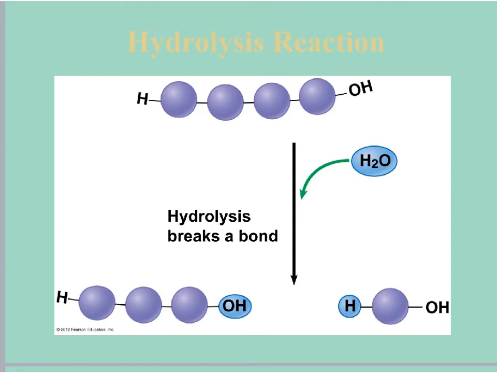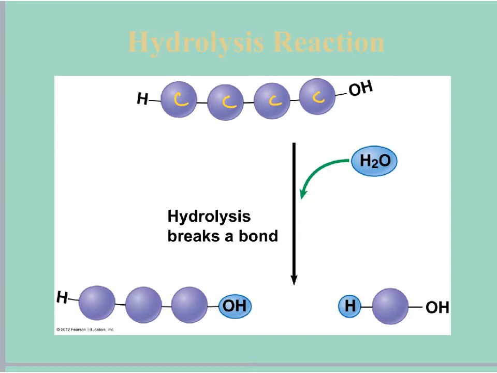Cells also break down large polymers into smaller components. So let's look at the polymer up on top. Remember, each one of these purple balls, let's say, represents a carbon.